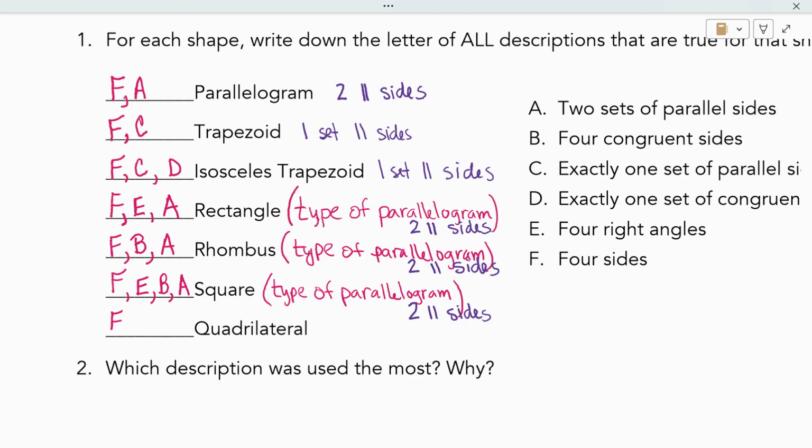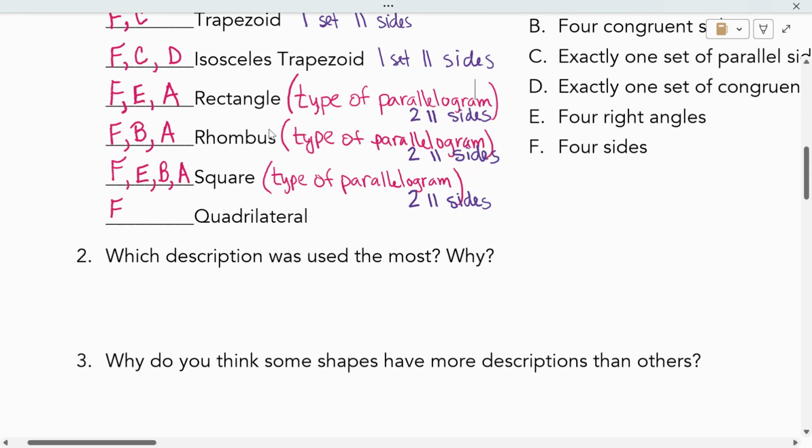It's just an idea, but I think we're going to make a chart. Which description did we use the most? 4 sides, yeah. F. We used F the most.